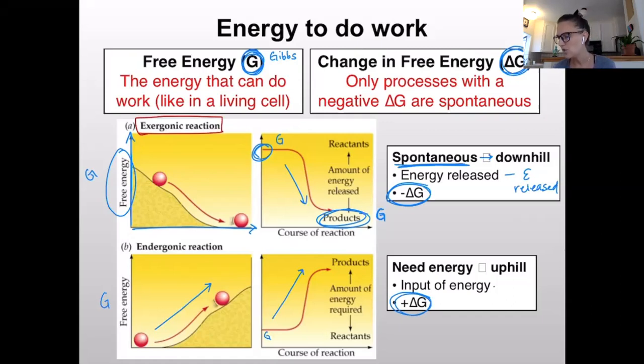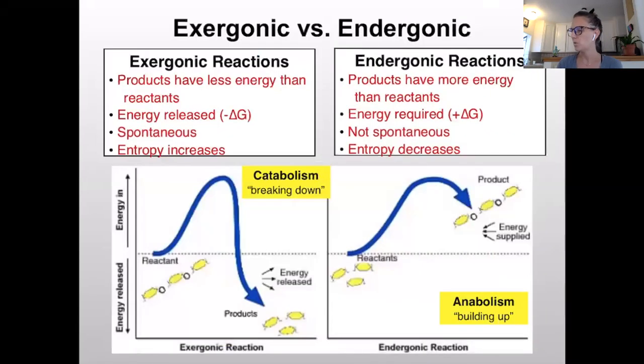Here, we needed to add energy to this reaction in order for it to go. So this reaction, we needed energy. It was not spontaneous. And the example is rolling a ball up a hill. And we'll talk in a moment how that's considered an endergonic reaction, right? So here we have our exergonic reactions versus our endergonic reactions.